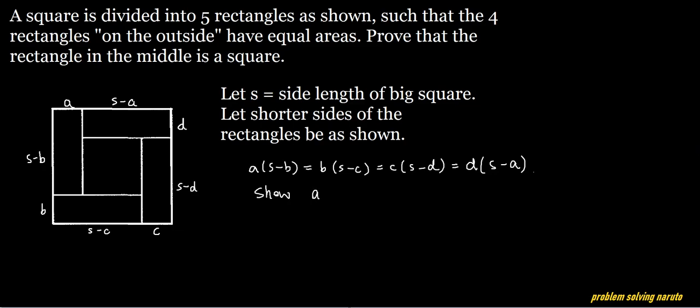So imagine if all 4 sides are equal, then what happens? Well, this is S minus A minus C. If this is equal to this, that means S minus A minus C is equal to S minus D minus B.